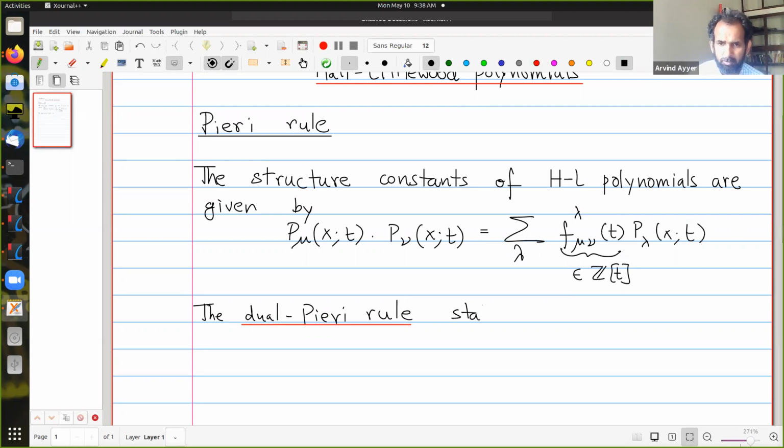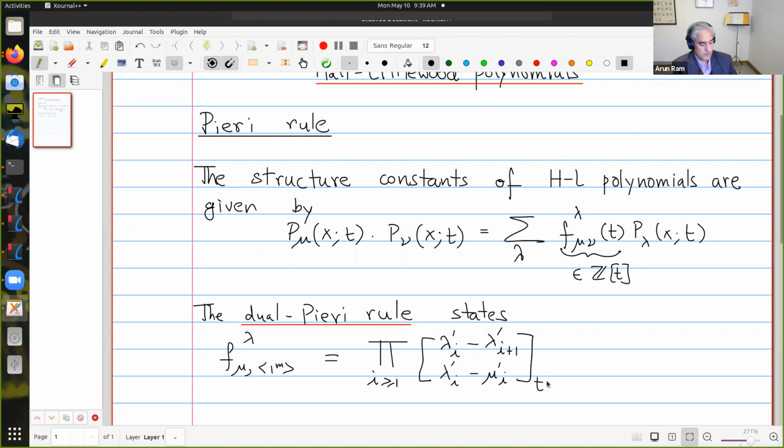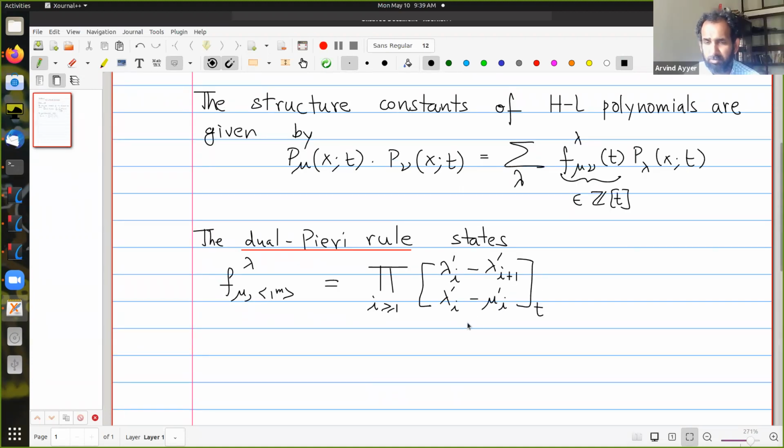It states: if I take f lambda mu and the partition 1 to the m, this has a nice product formula, the product over i greater than or equal to 1 of the t-binomial coefficient, lambda prime i minus lambda prime i plus 1, choose lambda prime i minus mu prime i. So this is the t-analog of the binomial coefficient.